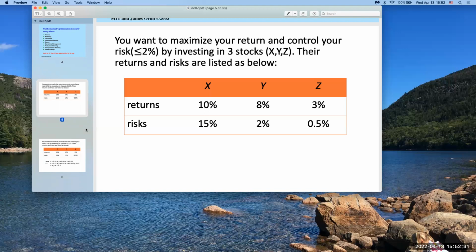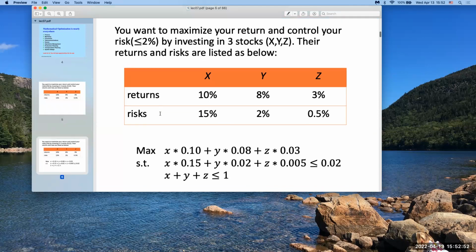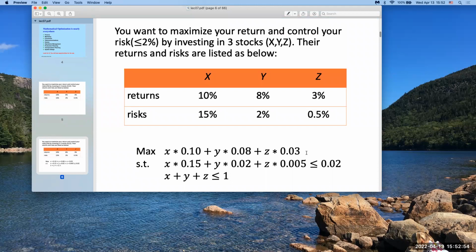Once we can formulate the problem, because we're not optimization professionals, we can just let Excel or MATLAB solve for the optimization solution, right? So the most important part is to formulate the problem. Okay, and based on the information we have, we can formulate a problem.